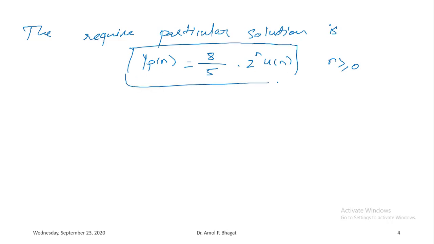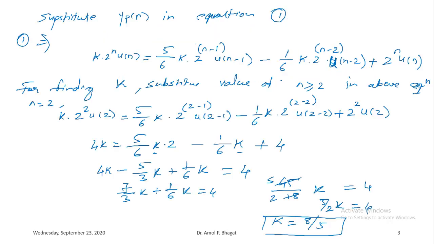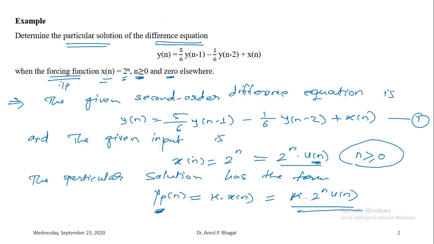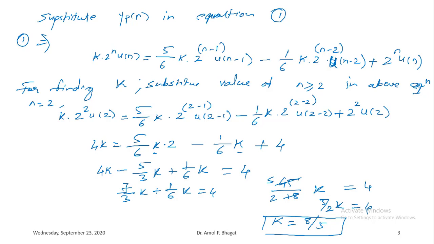So this is how you identify the particular solution. The particular solution is assumed as a constant into the input. The value is substituted in the given difference equation, and then this equation is solved to identify the value of k.